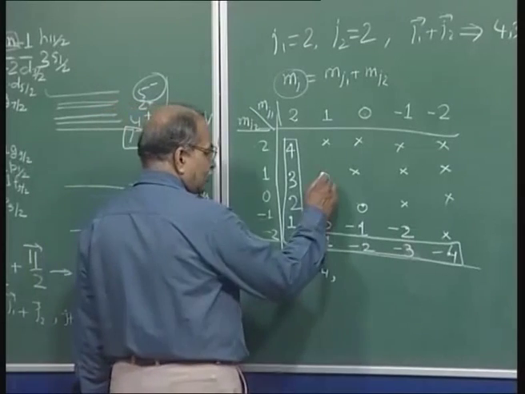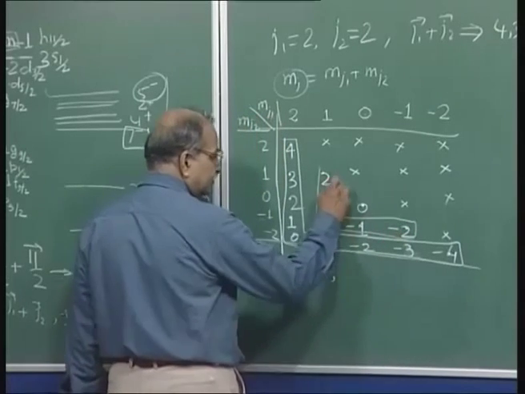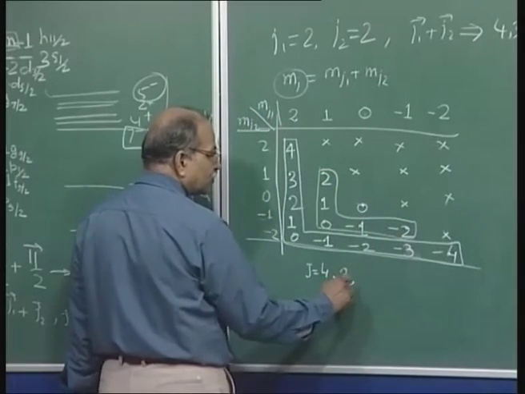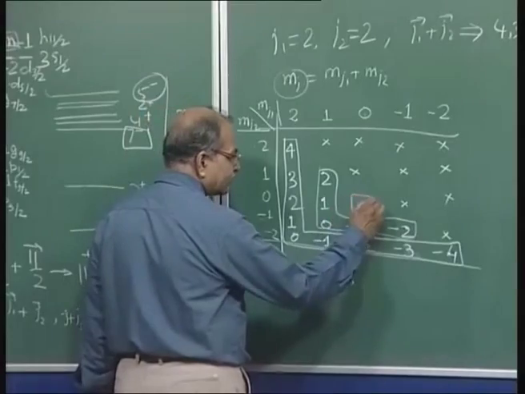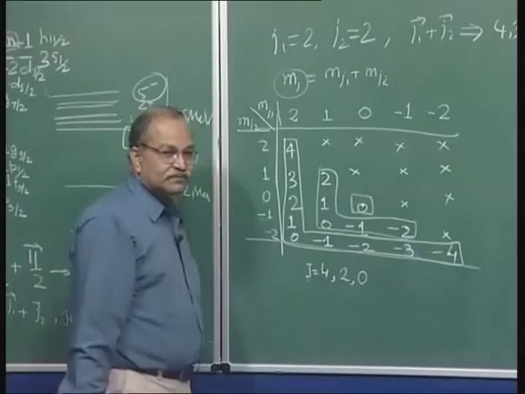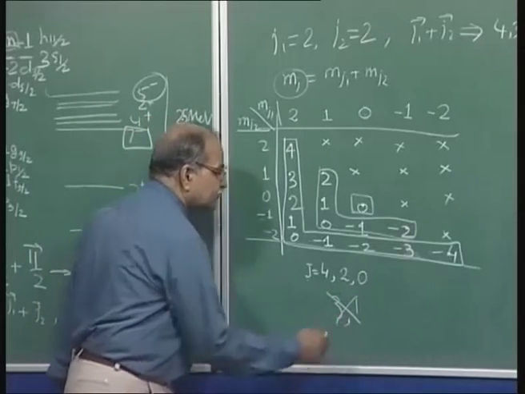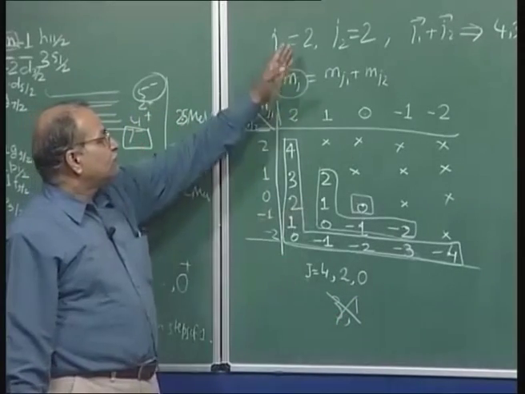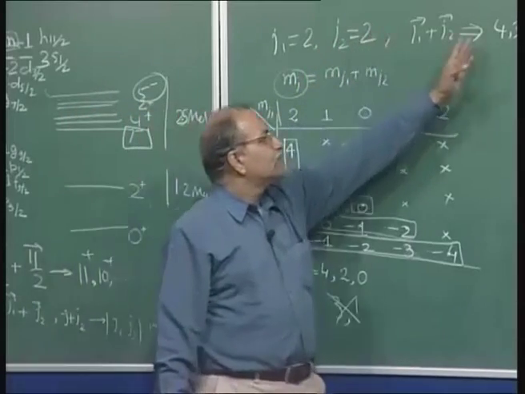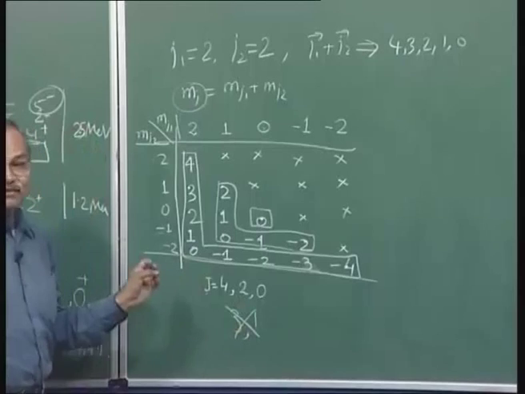And then of the remaining, if I take these ones, that gives me 2, and then only 1 is left, mj equal to 0. So, j is 0. So, you see that 1 and 3 are not allowed. Normally, if you have 2 and 2, you should get 4, 3, 2, 1, 0. So, only the even ones are.